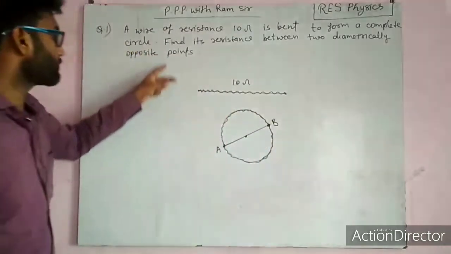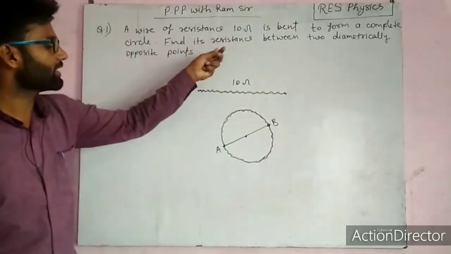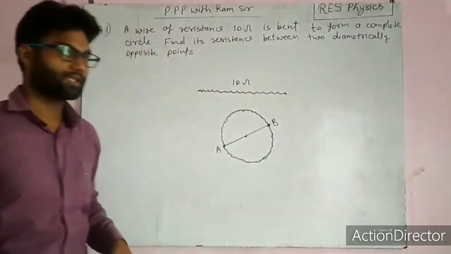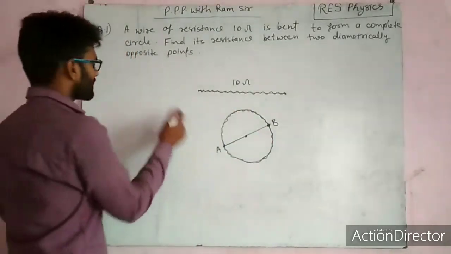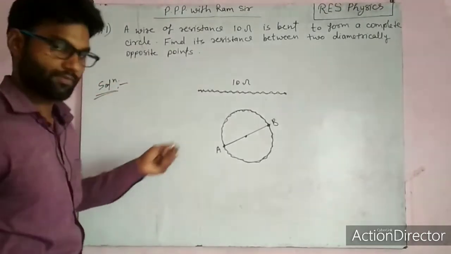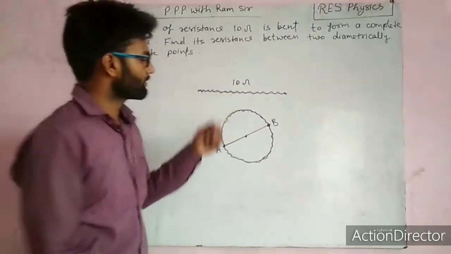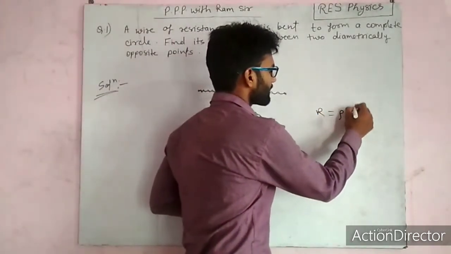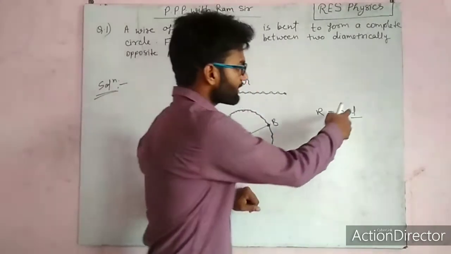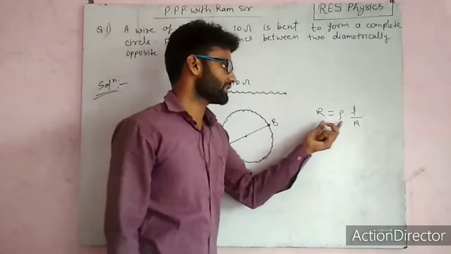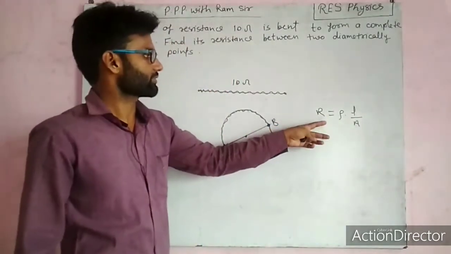So what we have to do? We have to calculate the resistance between these 2 diametrically opposite points, right? So simply we can calculate it. As we know, the resistance depends on the resistivity, length and cross-sectional area of the wire, correct?